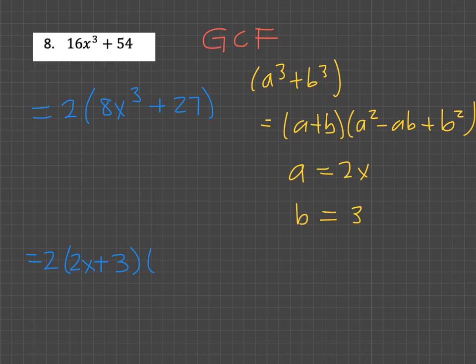In the second set of parentheses we want, first of all, a squared, so we're going to square 2x. So we square the 2 and we square the x, so we get 4x squared. And then a times b, so 3 times 2x, we'll have plus 6x. And then b squared, so that's a 9.